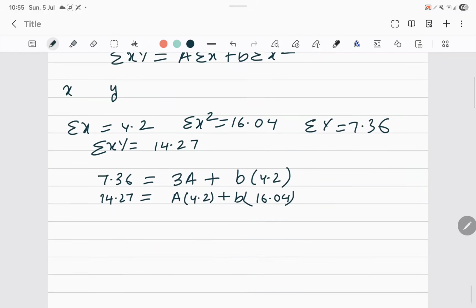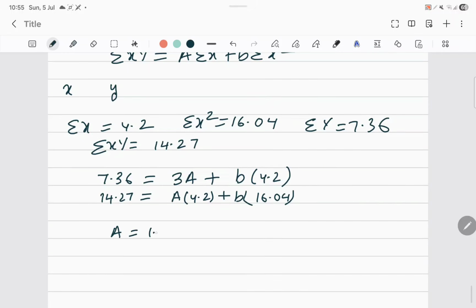So now I got a is equal to 1.906 and b is equal to 0.390. Now small a is equal to e to the power 1.906, right?